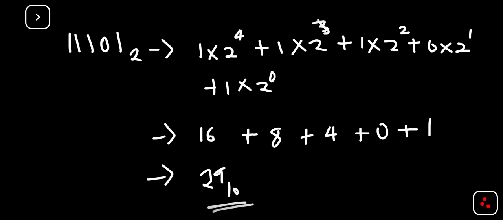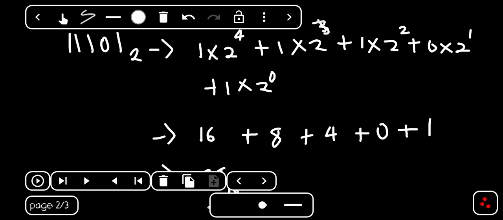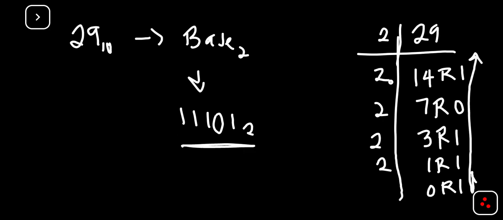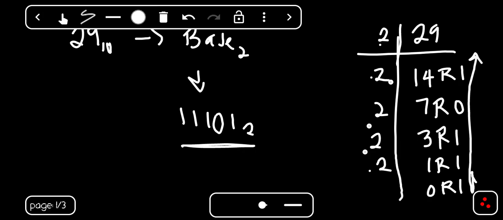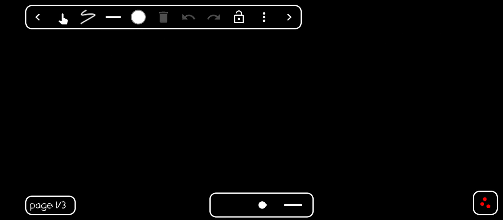So this is how you convert from base 10 to base 2. All you just need to do is divide by the number base you're converting to. So if we quickly try another one, let's say we have to convert 67 base 10 to base 5.